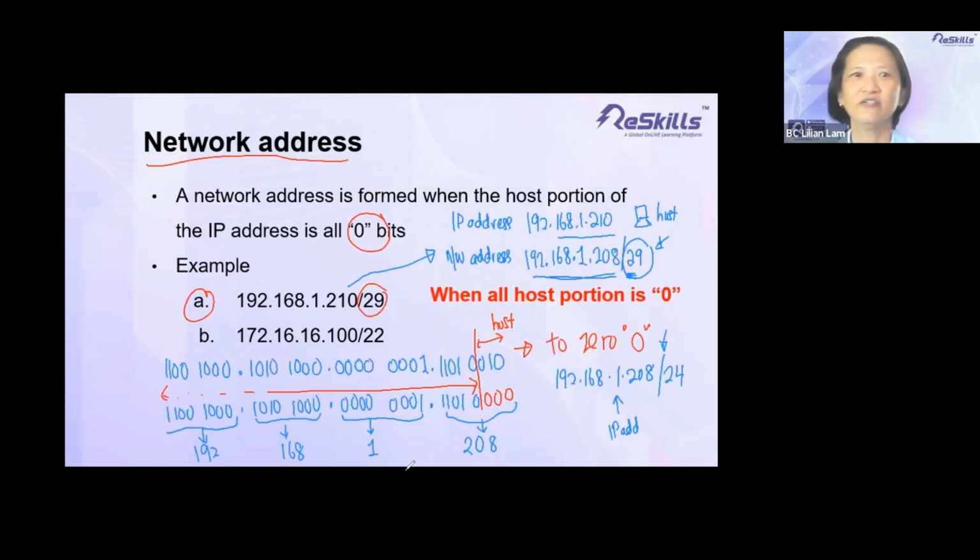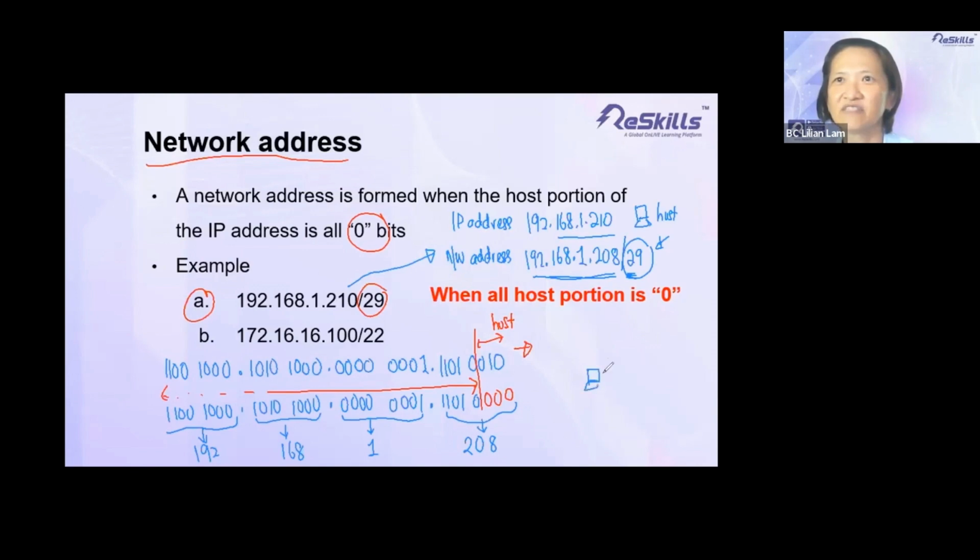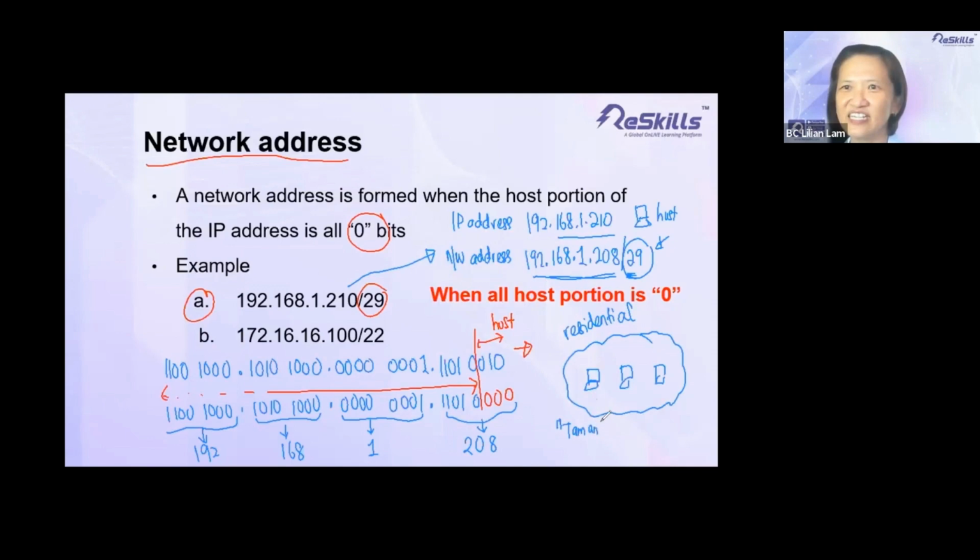It means that, just like our house, we have many houses, in fact, and they are actually located in a residential area. Now I'm not sure how you call your residential area in your own country, but in Malaysia we call it a taman. Taman means a residential area.